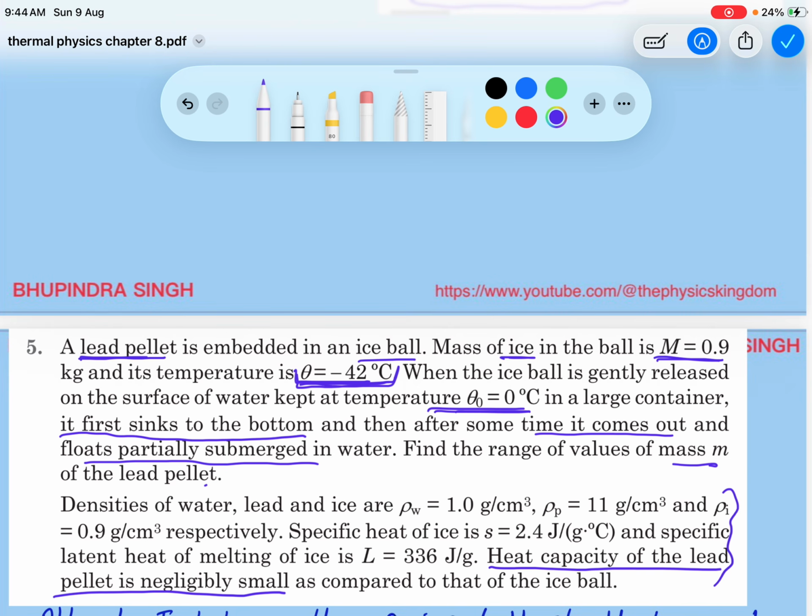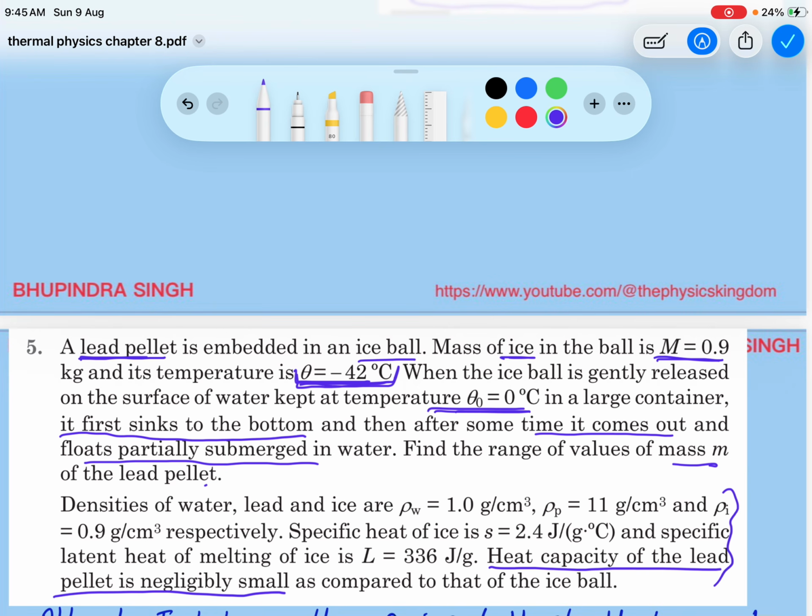It's absorbing heat from outside water. So it means outer water is already at 0 degrees Celsius. It will freeze into solid. So when it is freezing, what is happening? Volume of the ball is increasing. Means after some time, since volume is increasing, buoyant force should be more than gravitational force, right?